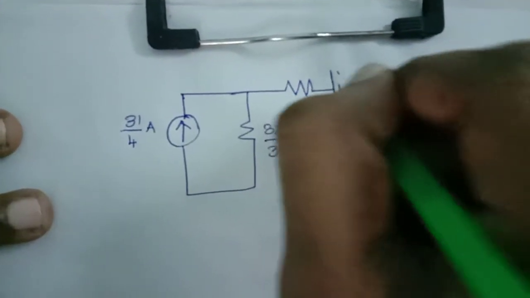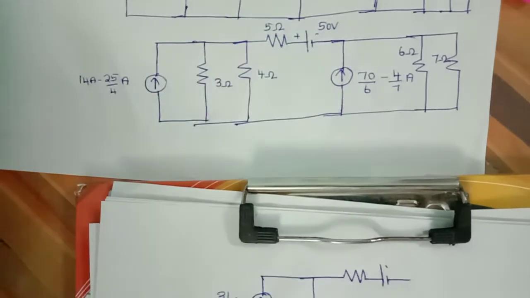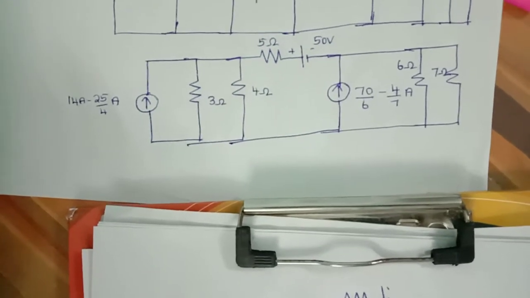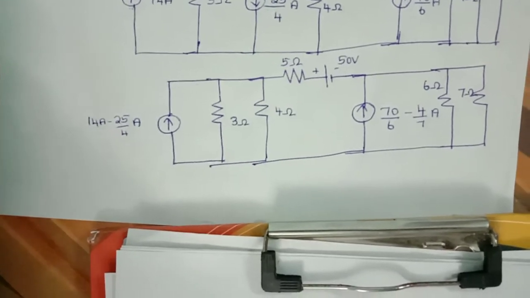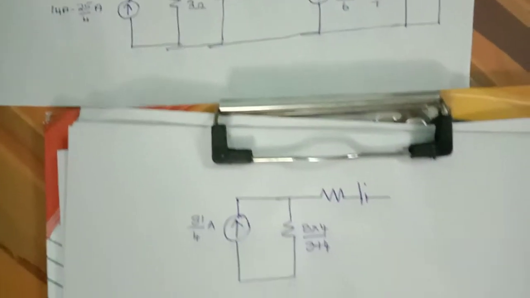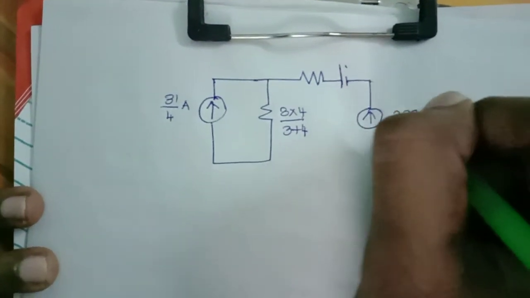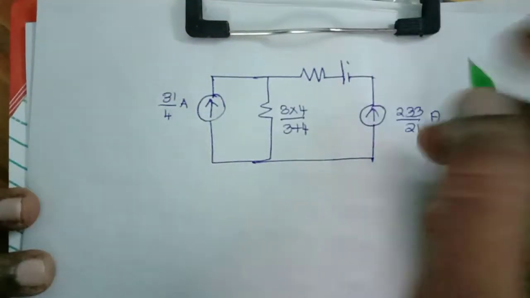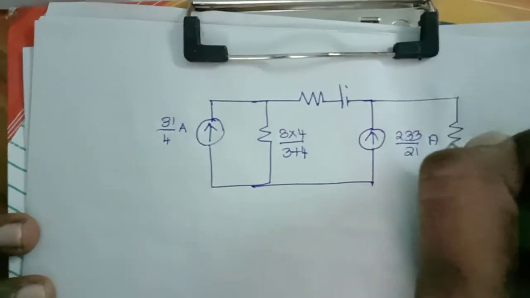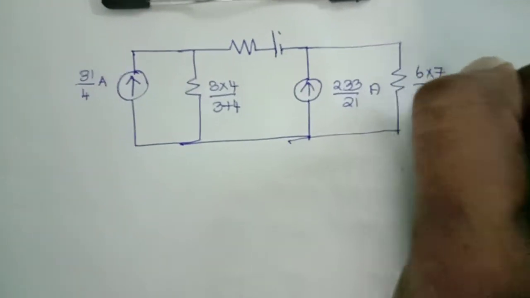Again this 70 divided by 6 minus 4 divided by 7, you will get 233 divided by 21 amps. Because I am simplifying, I am getting it like this. Since 6 and 7 are in parallel, using the series parallel method, that is 6 into 7 divided by 6 plus 7.